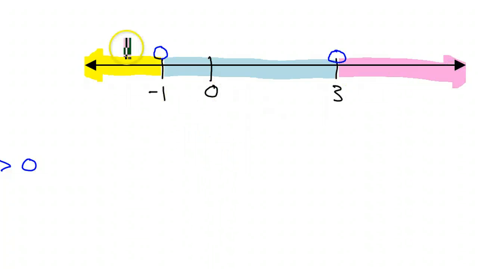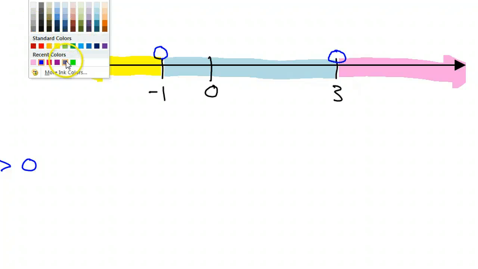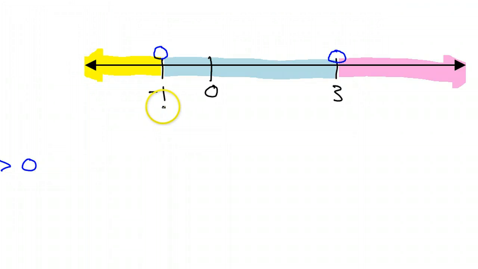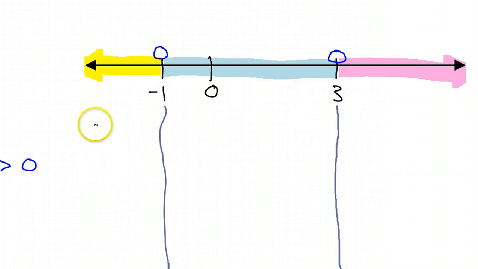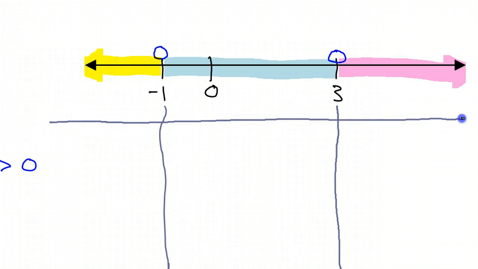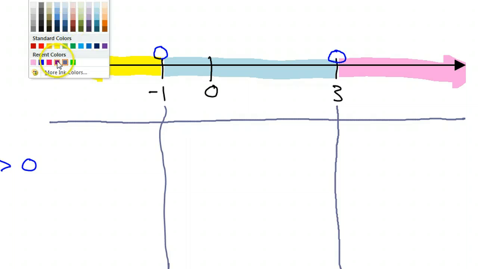What we need to do is pick a test value in each one of these zones. I like to organize my work sort of like this, and make a little chart out of it. It just keeps me organized.